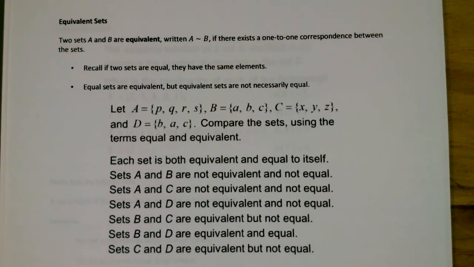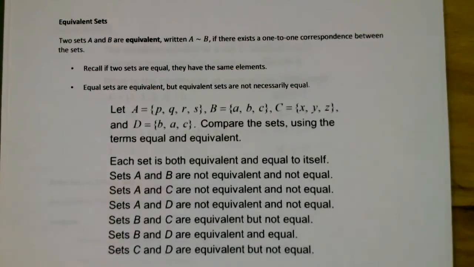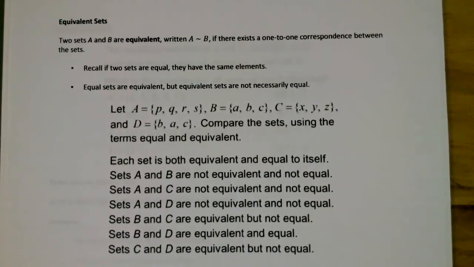So in this case right here, let's say we let A be a set with the elements P, Q, R, S. B has the elements A, B, C, C has the elements X, Y, Z, and D has the elements B, A, C. And here I want to compare those sets using the terms equal and equivalent. Well, if you think about this, each set is both equivalent and equal to itself.